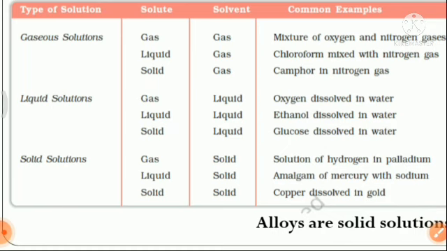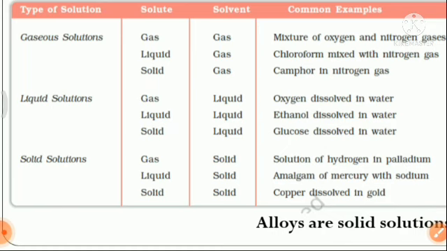This solid substance undergoes the process of sublimation, and very tiny particles of solid camphor get mixed with air. If camphor is mixed with nitrogen gas, then also you will get a gaseous solution.